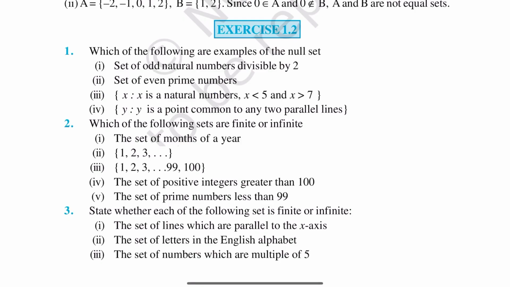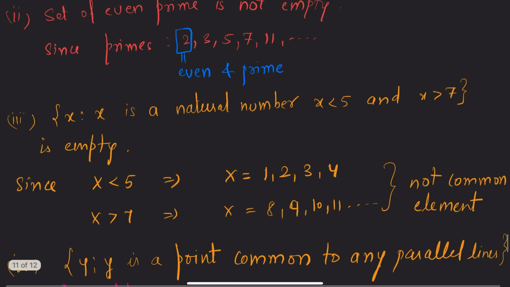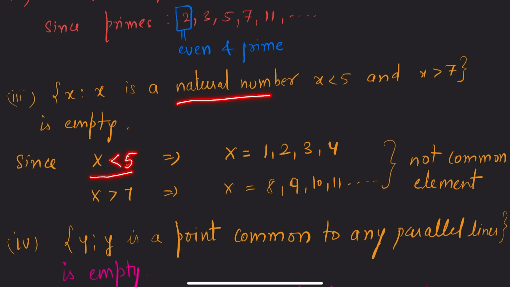Now what is the third? x such that x is a natural number, x is less than 5 and x is greater than 7. So this set is also empty. Why? Because if x is less than 5, and x is a natural number, then the possibilities for x are 1, 2, 3, 4.